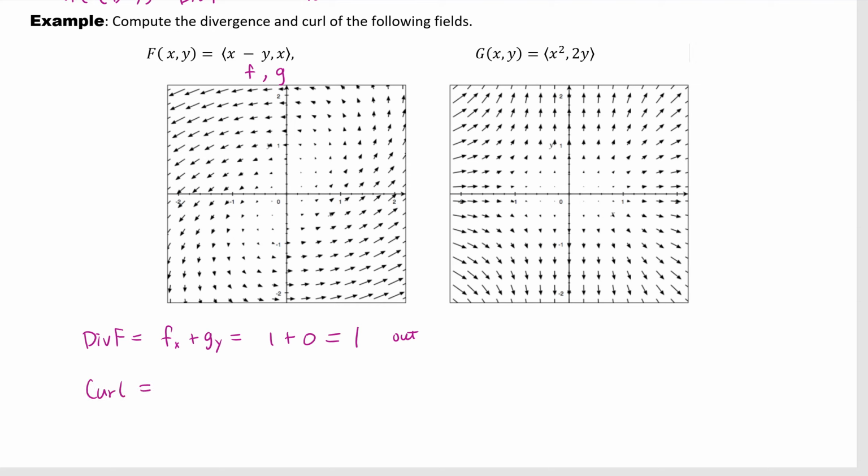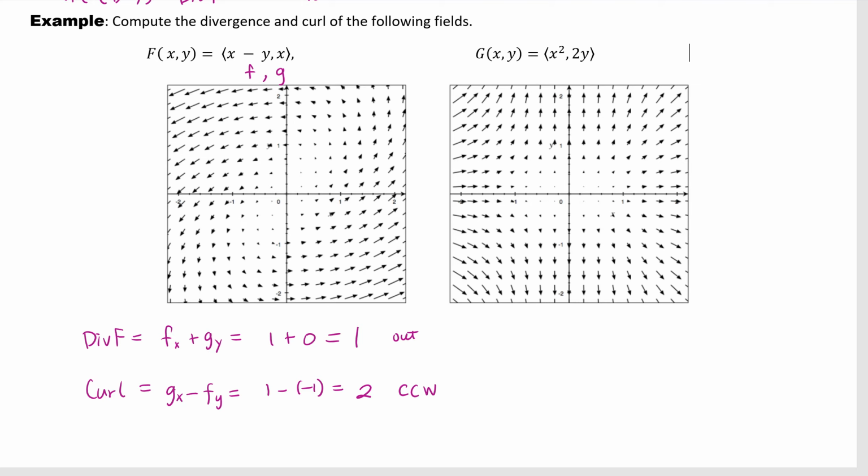I think it's rotating counterclockwise. I would say this is positive from the picture. Now gx minus fy: gx is 1, fy is minus 1. So it's 2, so it's rotating counterclockwise. So far, so good. Do you have the same answer?